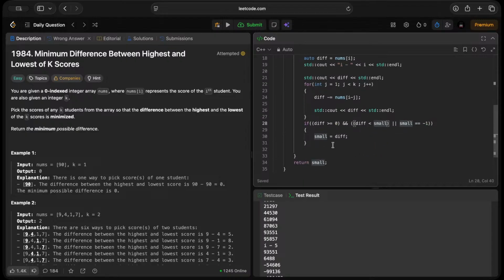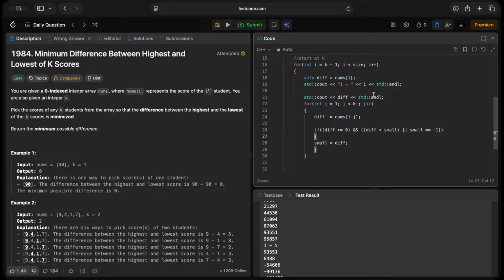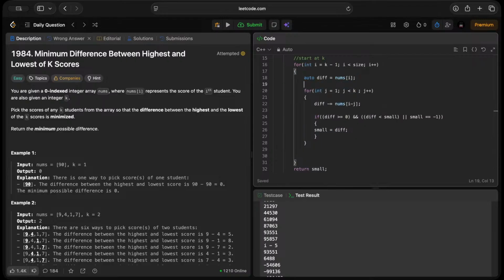So in here, so now we don't even need that anymore.